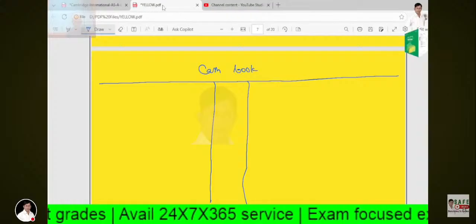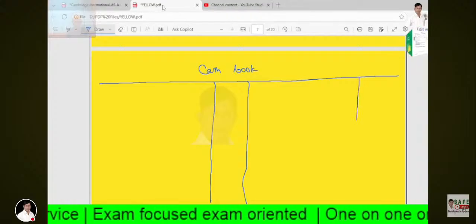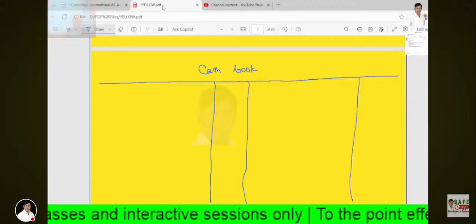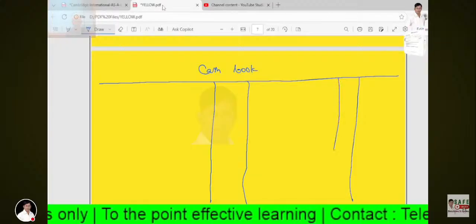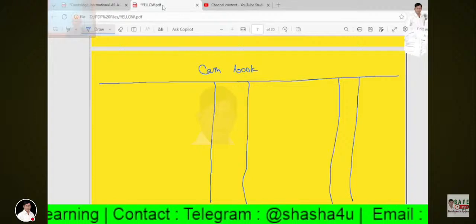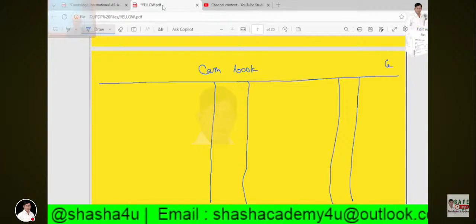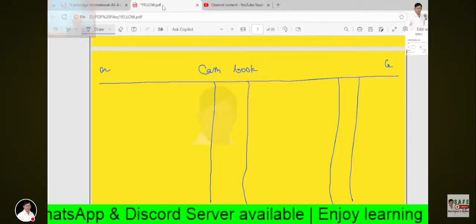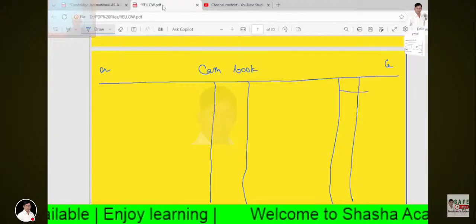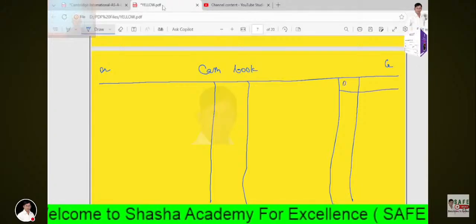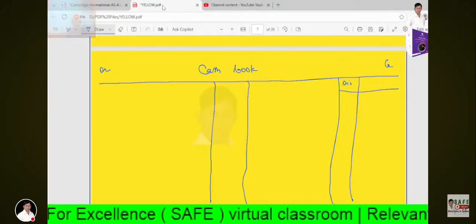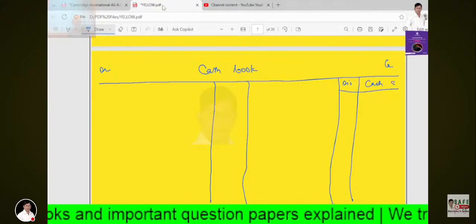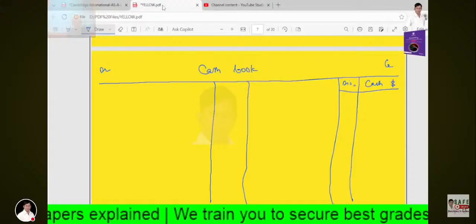Since we'll be paying, this side is always credit, this side is always debit. So this is the discount column, and this is the cash column. It is in dollars.